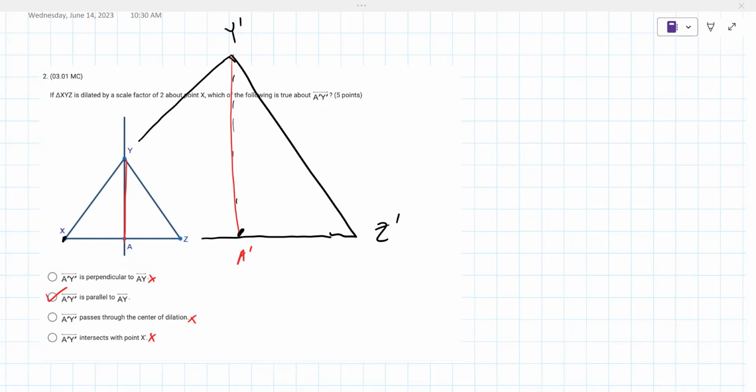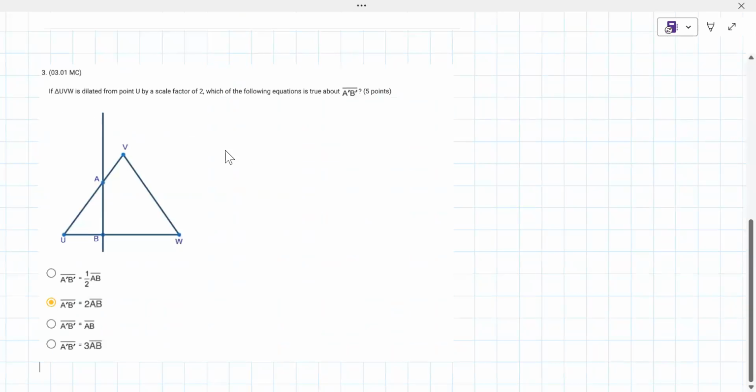All right, let me do a screenshot of this. So this is the next one, number 3. If triangle UVW is dilated from point U by a scale factor 2, which is true about A prime, B prime?